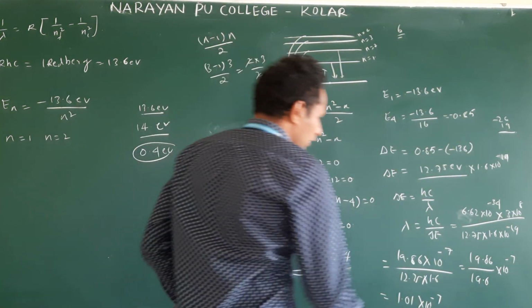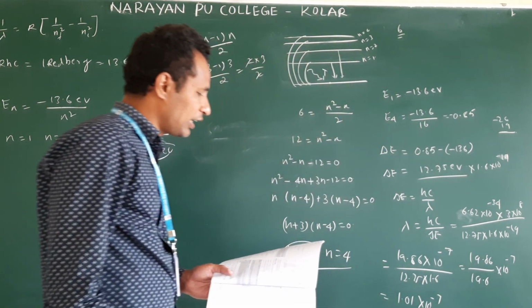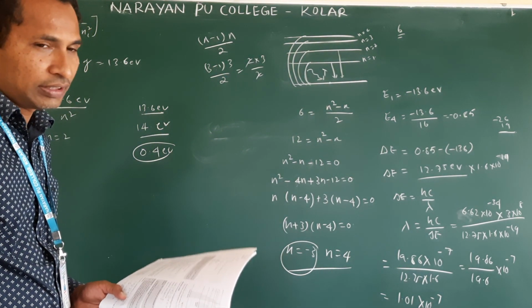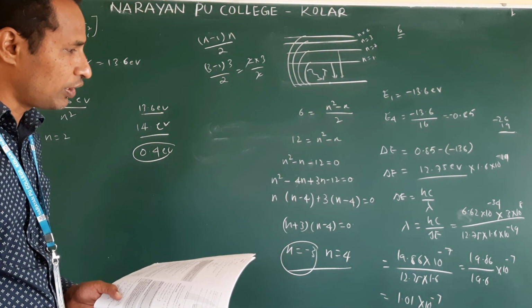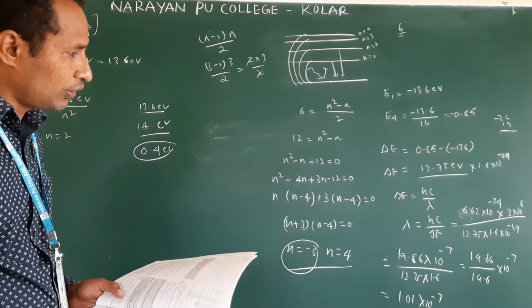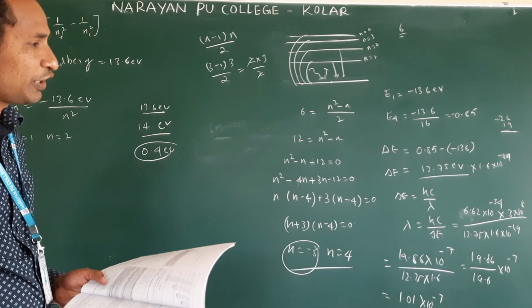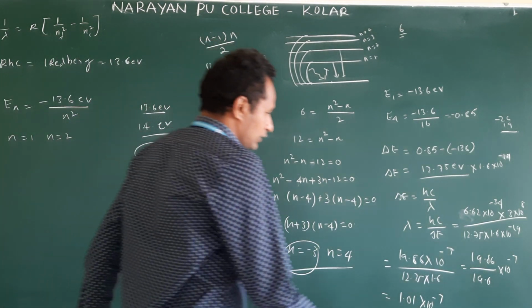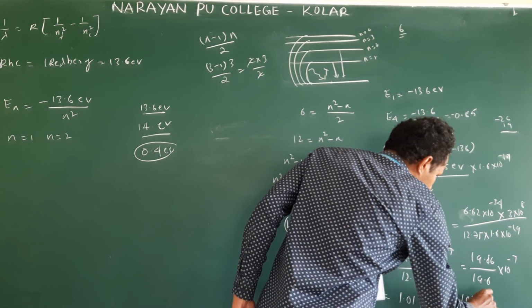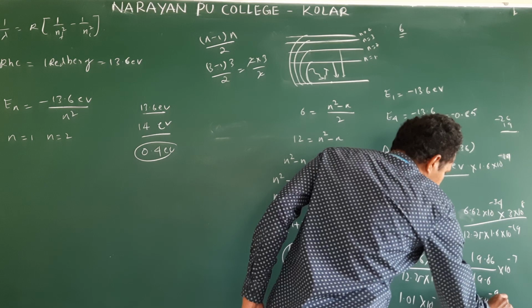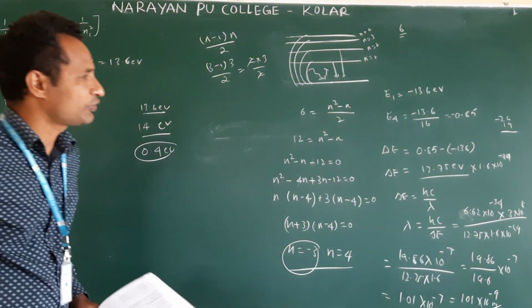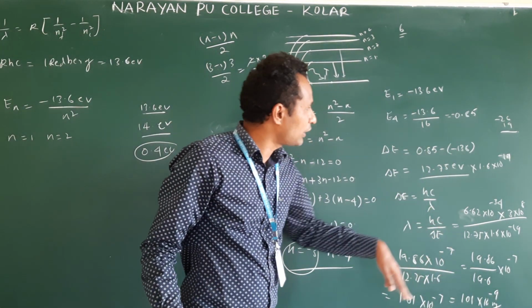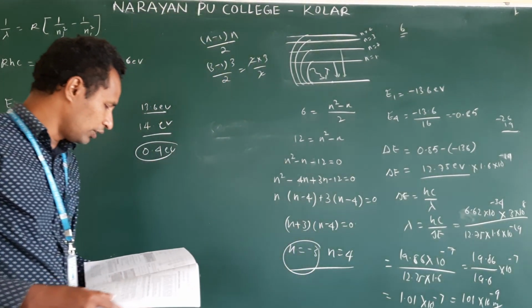Nanometers means 10 power minus 9, but we got a close value. Clear? It is 97.4 nanometers. If you write in nanometers, it will be about 97 into 10 power minus 9 meter. It's close because we are not taking accurate values here. That's why we got that.